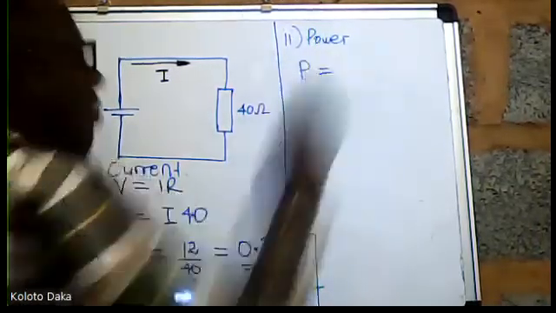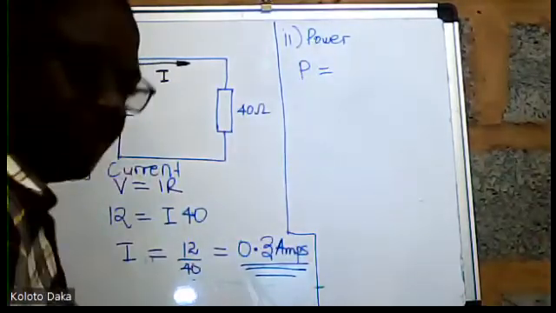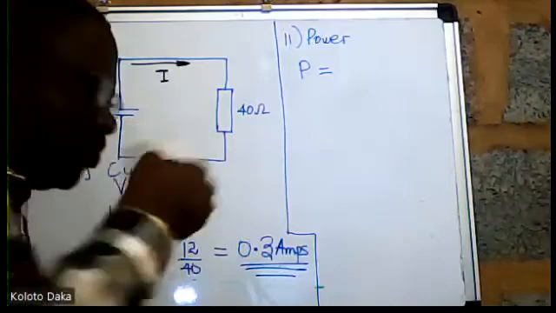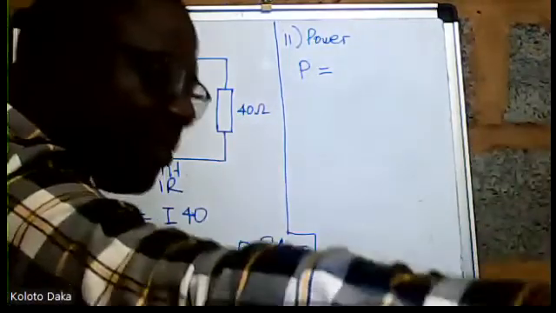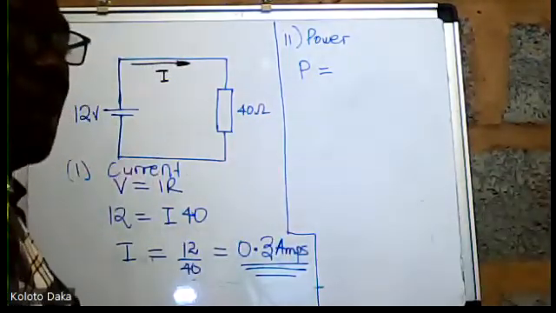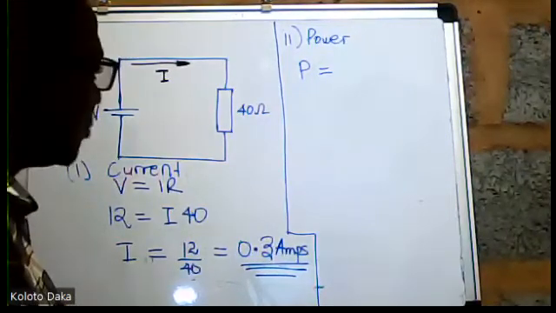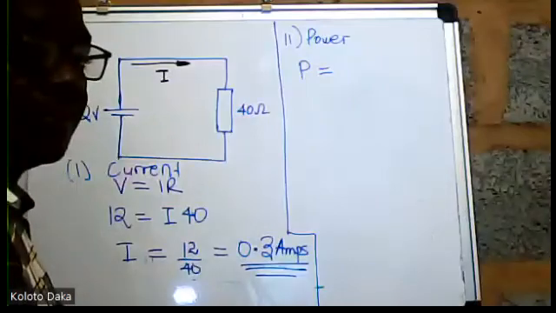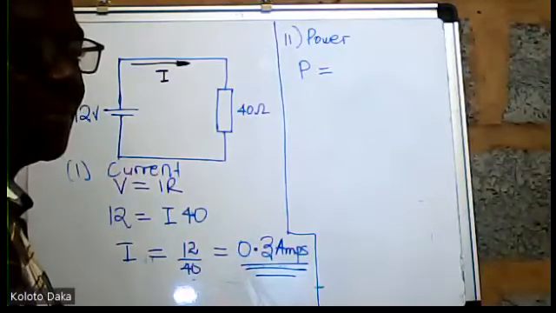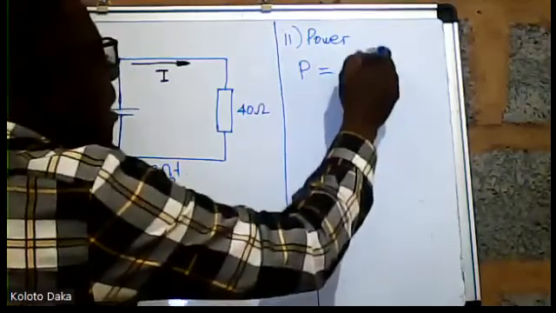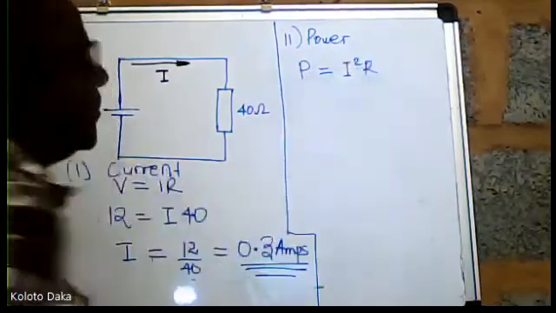Power is equal to what? What's the formula for power? Power is equal to I squared R.